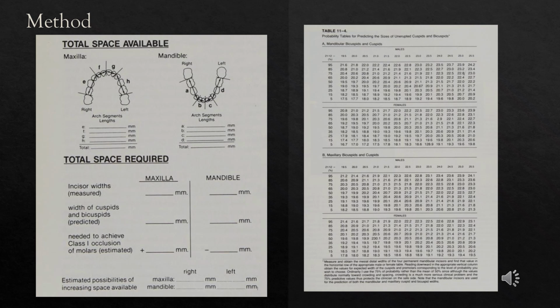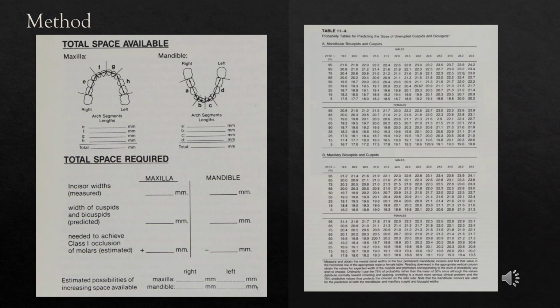The 75th percentile is commonly used, which means there is a 75% chance that the actual combined width will be equal to or less than the predicted value.